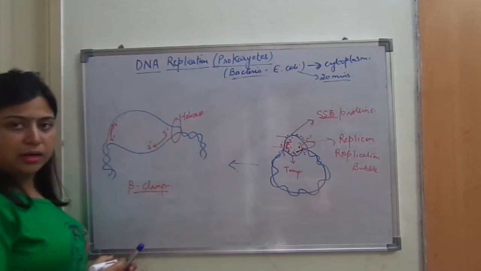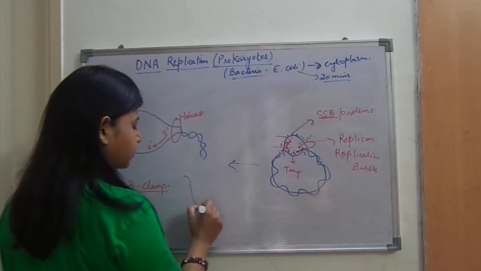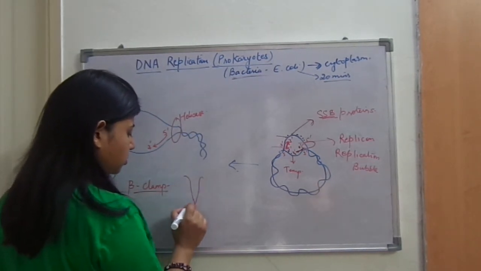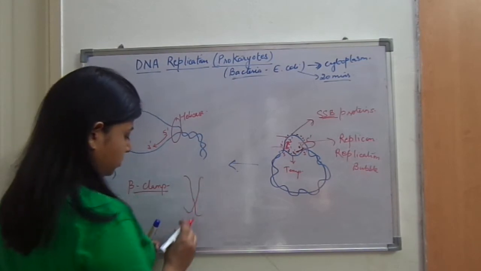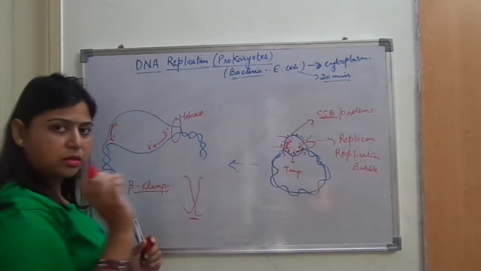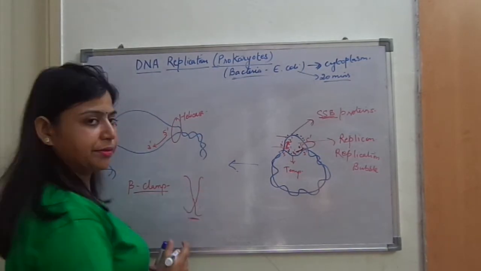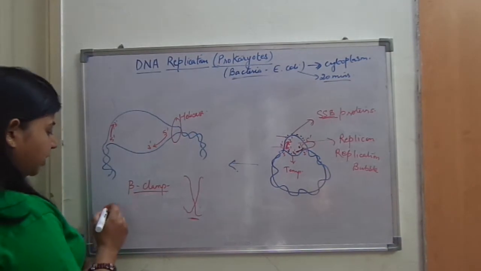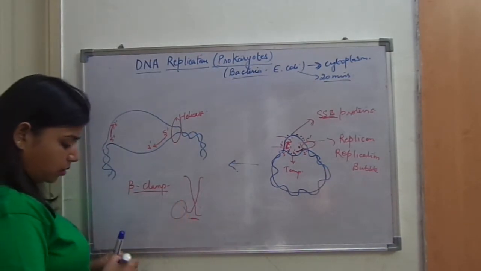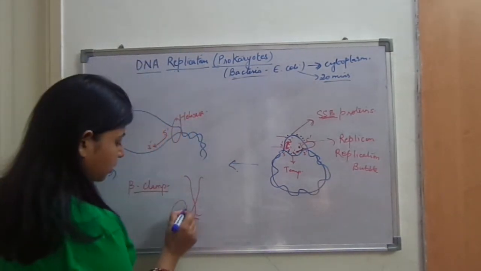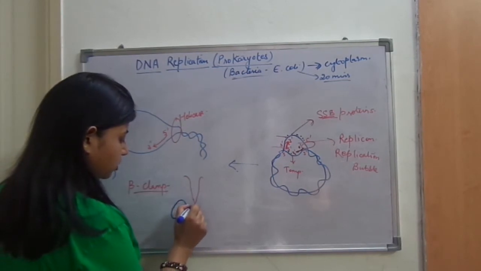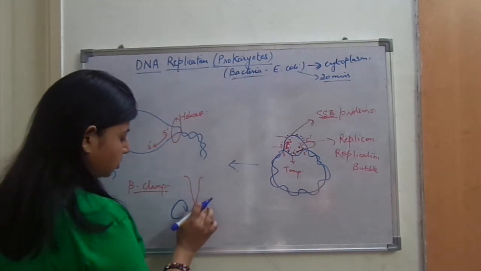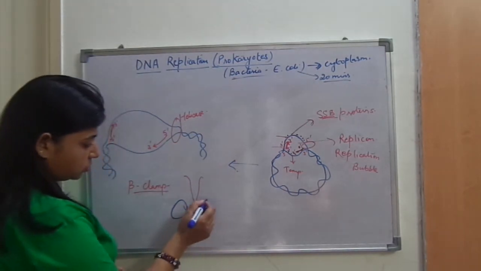Now what is beta clamp? Beta clamp is this shape. Remember the hooks present in your bones. It is a hook-shaped protein, right? And it has points for attachment of DNA polymerase on one end. On its one end, DNA polymerase can attach, and the other end, actually, the sides are the same.